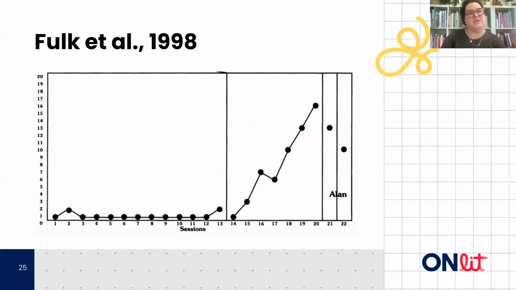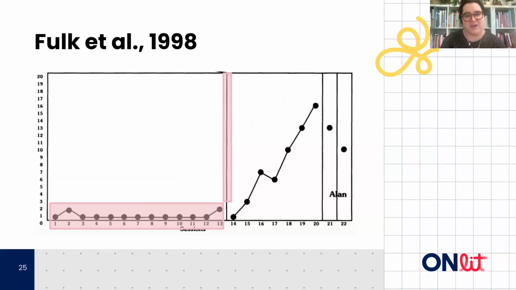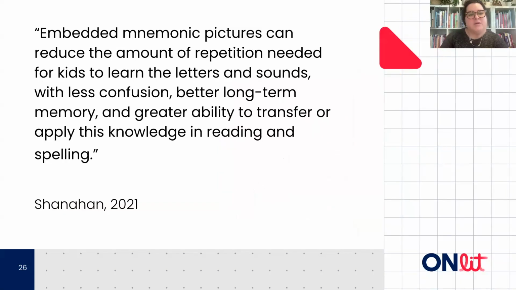And then the third student, again, has the longest baseline, still having those really quick checks of letter sound knowledge, and then the intervention being applied. And again, seeing that student growth in the letter sound correspondences for consonants that the child knows. So really summing it all up, I think it's interesting to recognize that the research has worked with typically developing students, students who are language learners, students with special education needs.